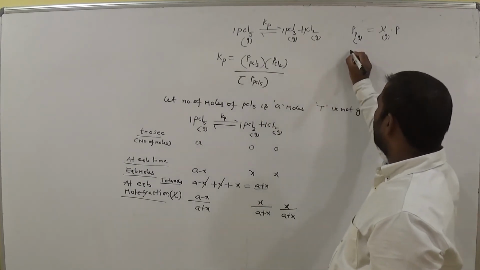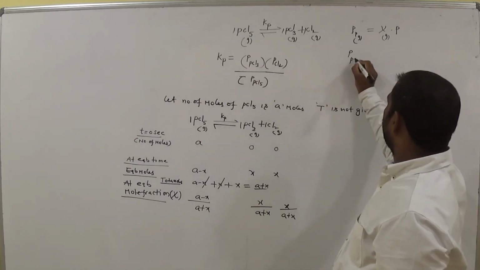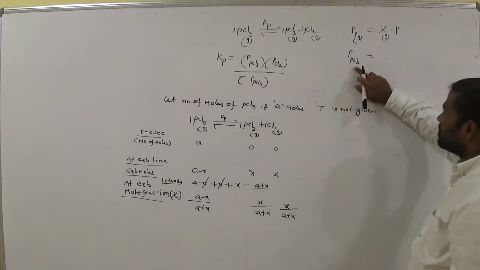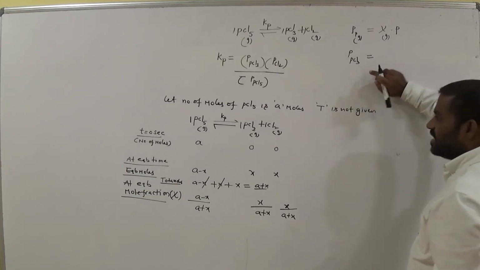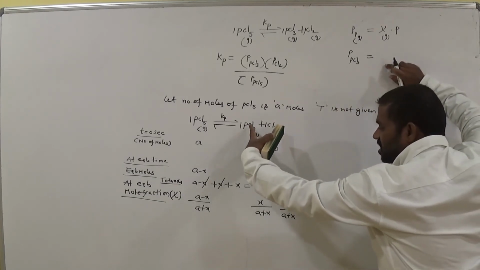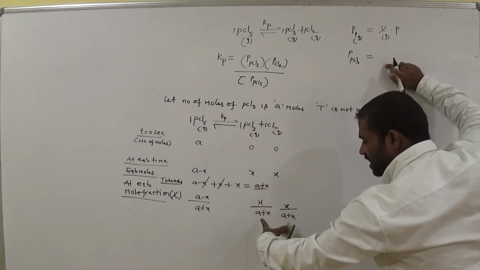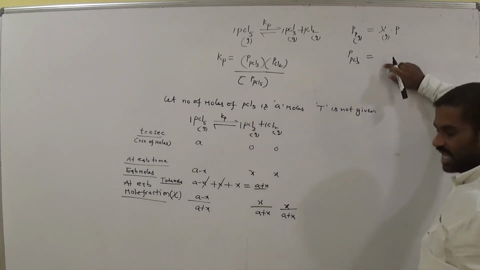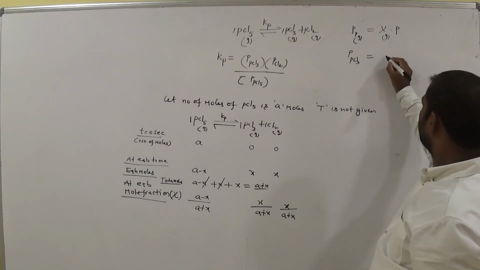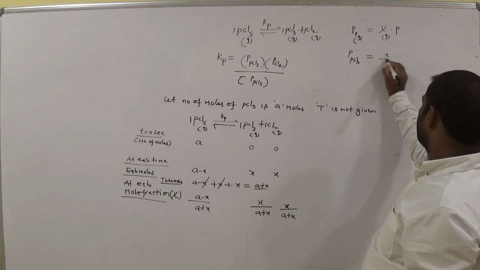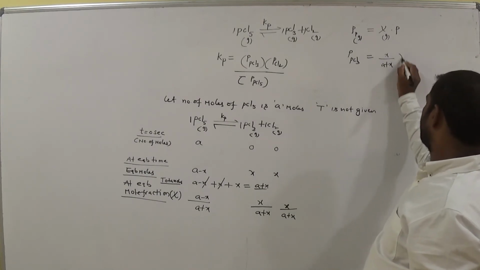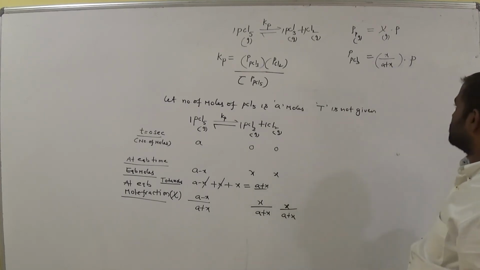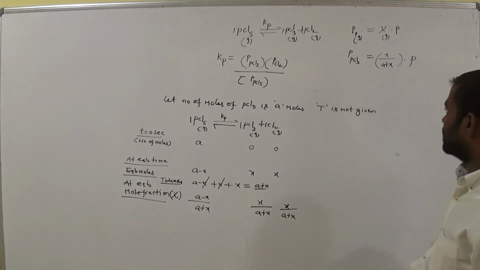Partial pressure of the gas PCl3 equals its mole fraction. What is the mole fraction of PCl3? Mole fraction of PCl3 is x by A plus x. And total pressure is taken as P, suppose, P total.